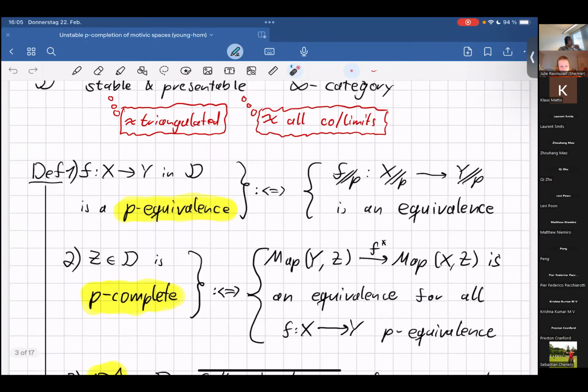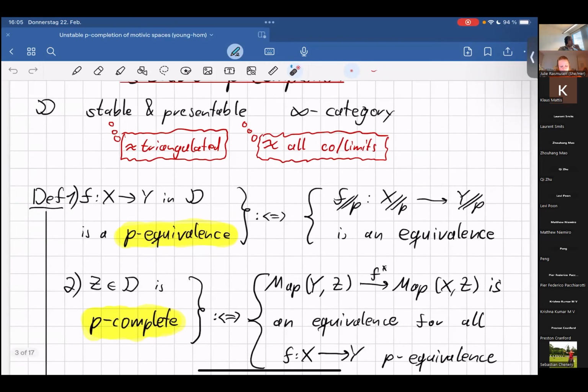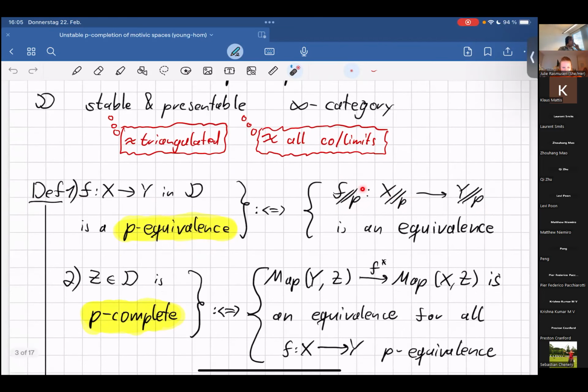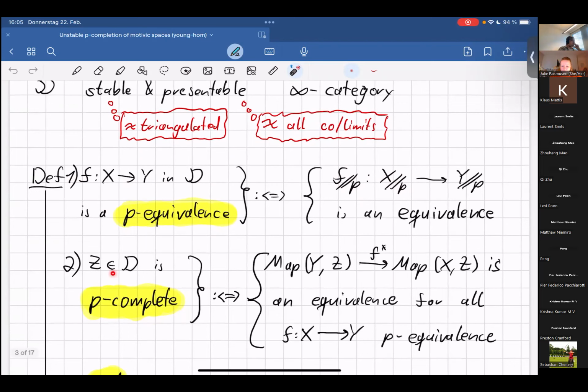Then we can say that a map in D is a p-equivalence if it is an equivalence mod p. Again, this mod p guy is just the cofiber of the multiplication by p map on X and Y. If this is an equivalence, then we call our morphism a p-equivalence. Now we can say that an object Z in D is p-complete if it is local with respect to p-equivalences.